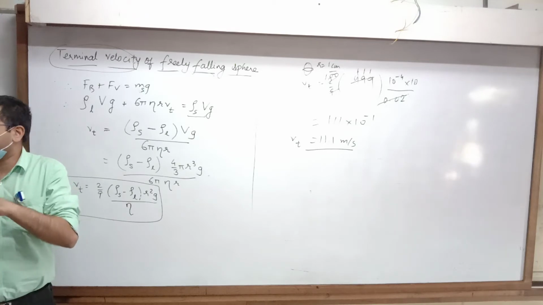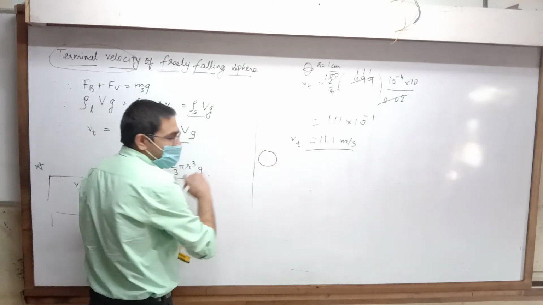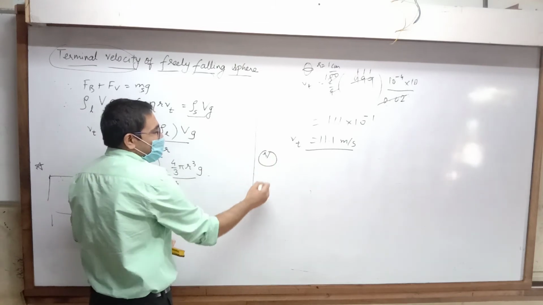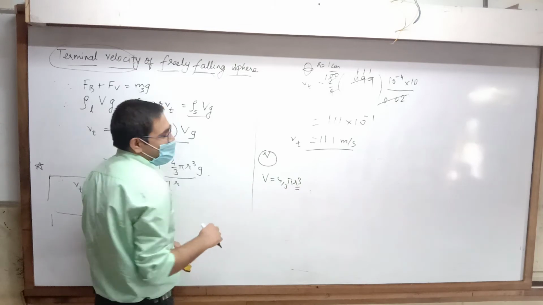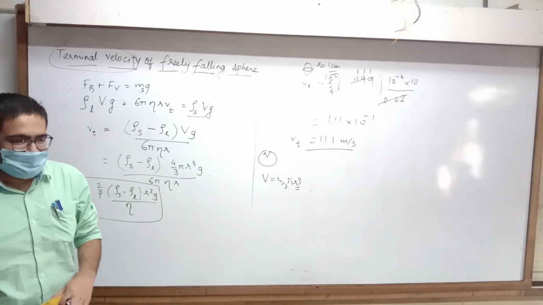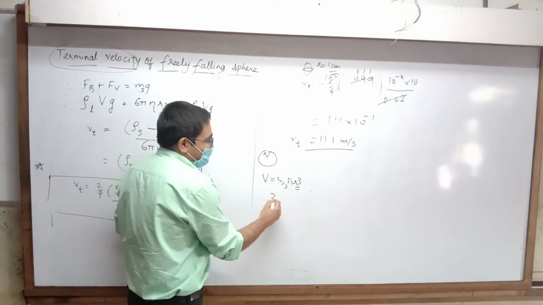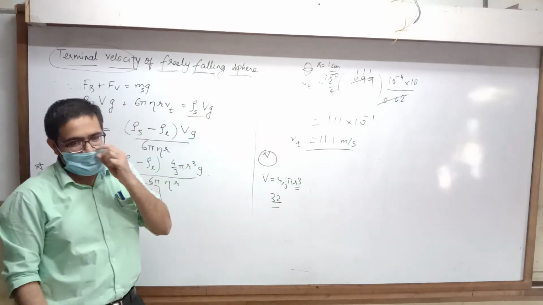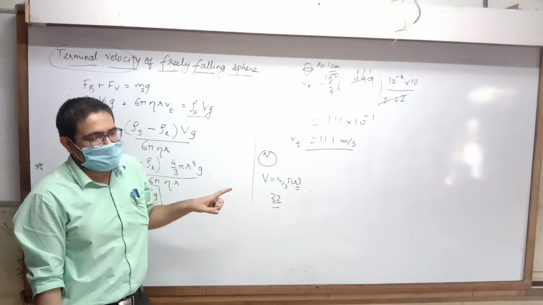Okay, but mass is 8 times, because it's a sphere, and a sphere's volume is 4 by 3 pi r cube. The radius doubles, so volume is 8 times, the mass 8 times. Mass 8 times and speed 4 times, it's 32 times. You understand what I'm saying? This is a real calculation. It's not a joke.